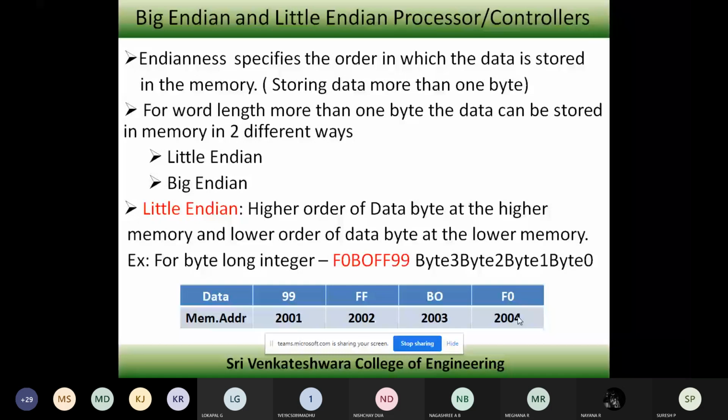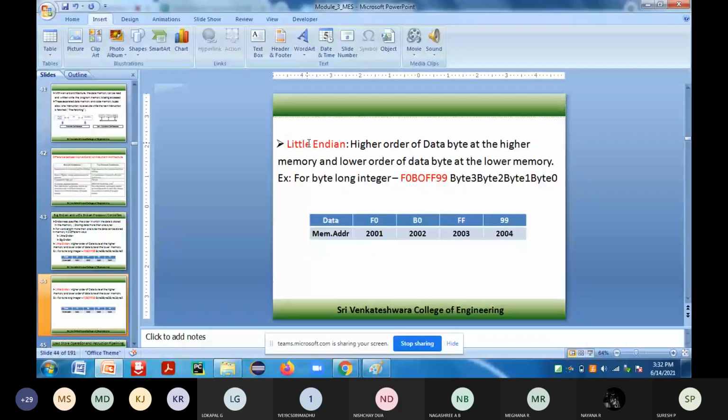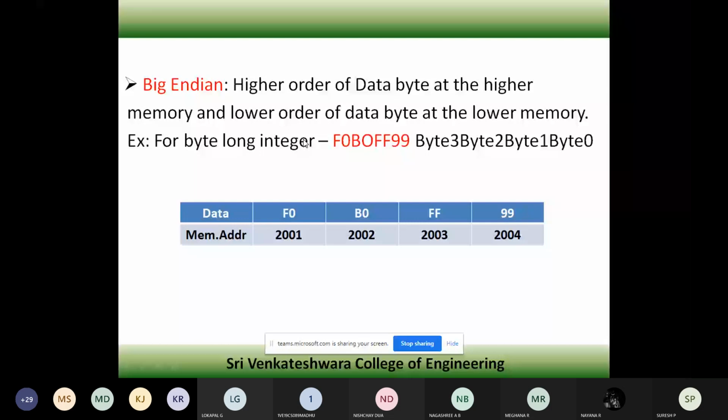So now when it comes to big endian, it will reverse. In little endian, it was different. So this is big endian. When it is big endian, what will happen is the higher order data byte is at the lower memory address, and the lower order data byte is at the higher memory address.